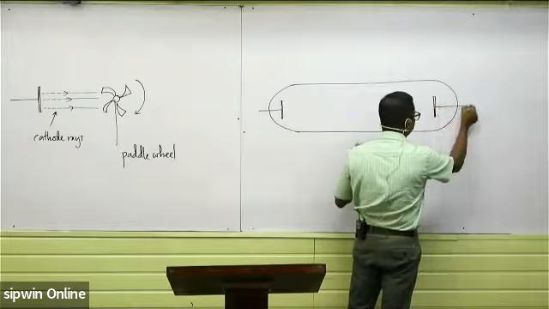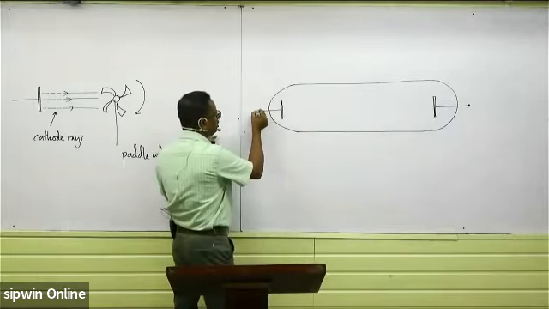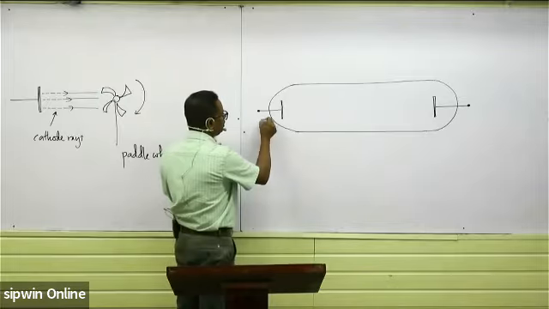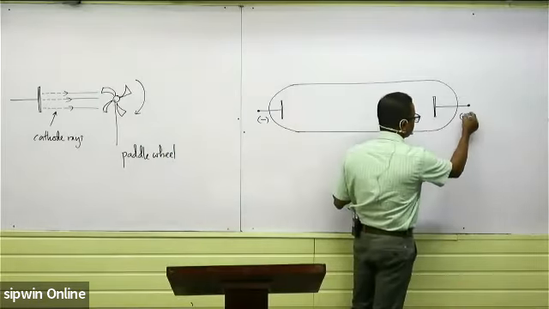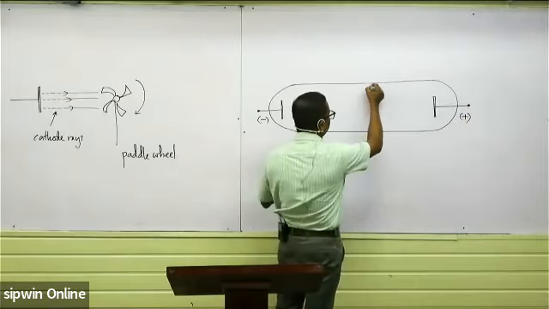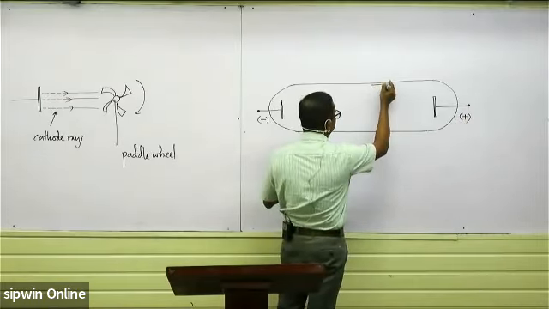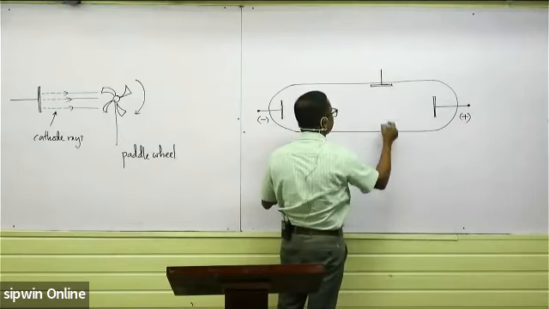As earlier, terminals are connected to the high voltage to prepare the cathode rays. Then he placed two metal plates, inside or outside no matter, like this way.